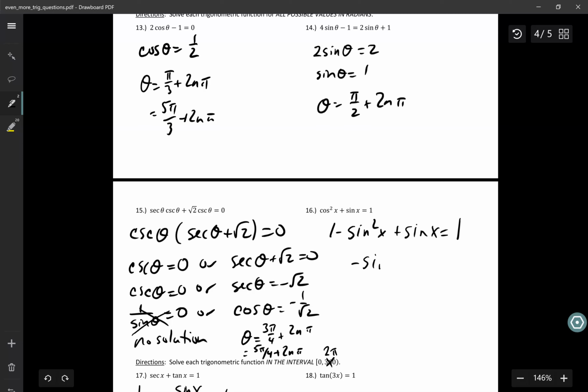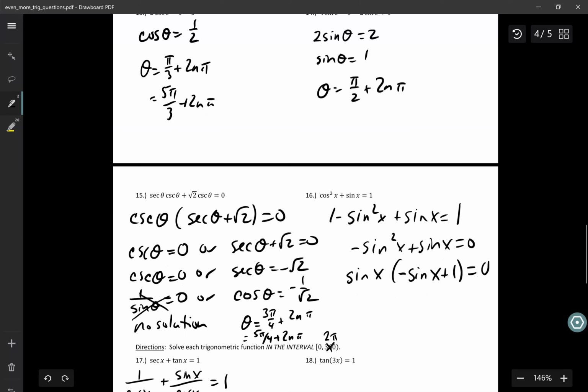This just gives me negative sine squared x plus sine x equals 0. We can factor out a sine, and then do the same things we've been doing. Set each piece equal to 0. So we have sine of x is equal to 0, or sine of x is equal to 1.